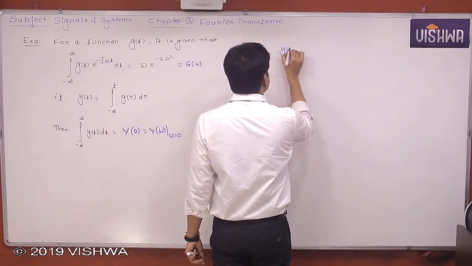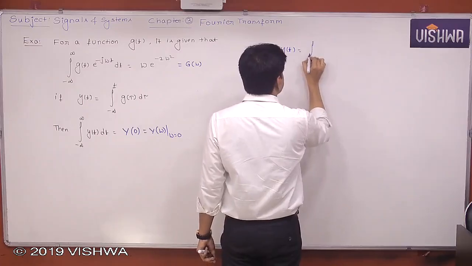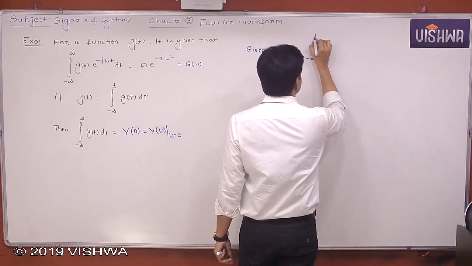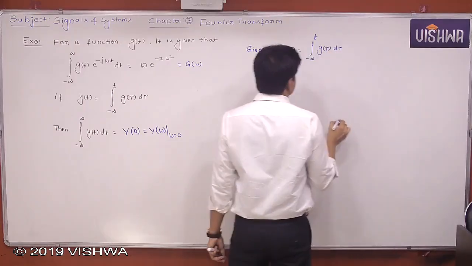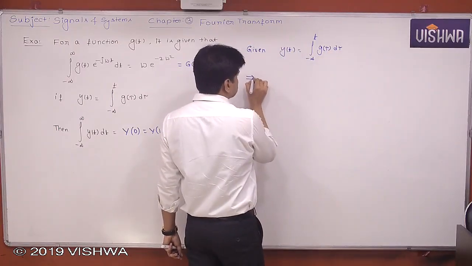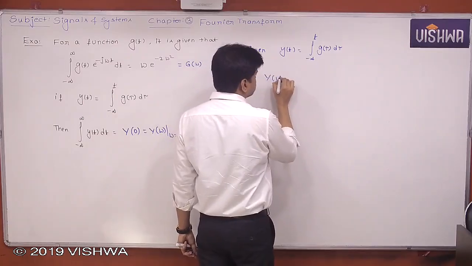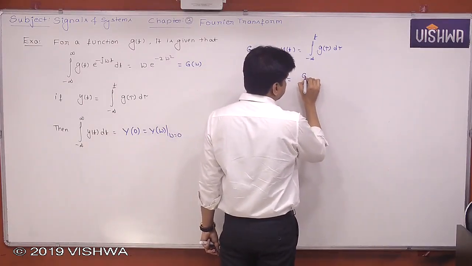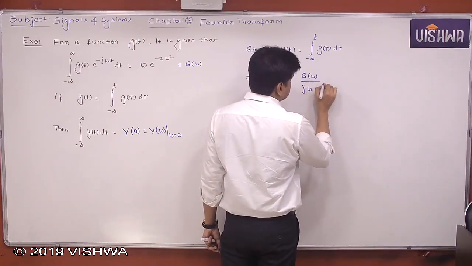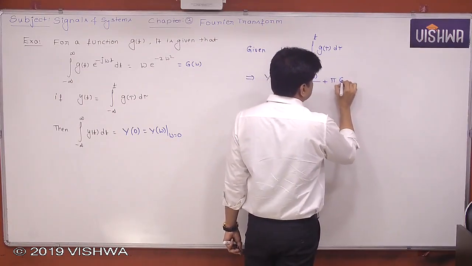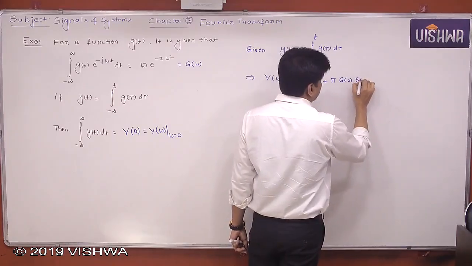y of t is equal to the integral from minus infinity to t of g of tau d tau. From this I can say, what is Y of omega? From the integration property, Y of omega is G of omega by j omega plus pi G of 0 delta omega.